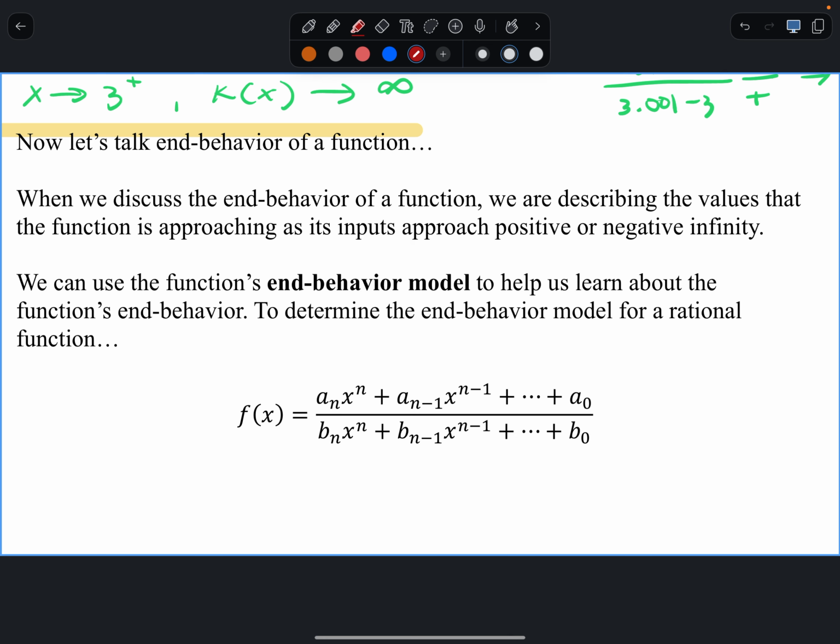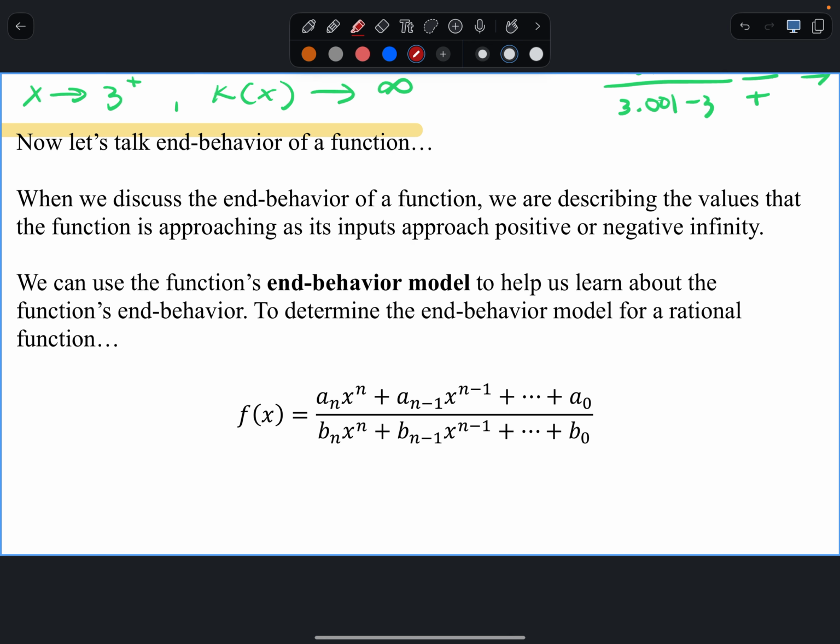So they present it like that. And you can memorize it and identify asymptotes correctly. But I don't think that does a very good job of helping you understand what asymptotes really are and why they occur. So I like to reference a function's end behavior model, which we talked about with polynomials.